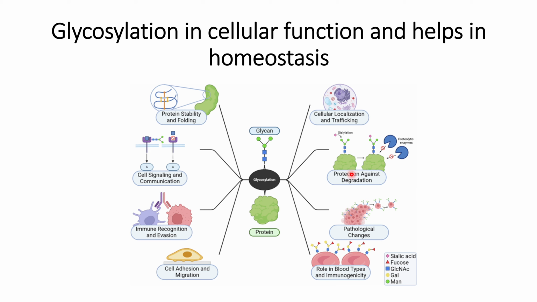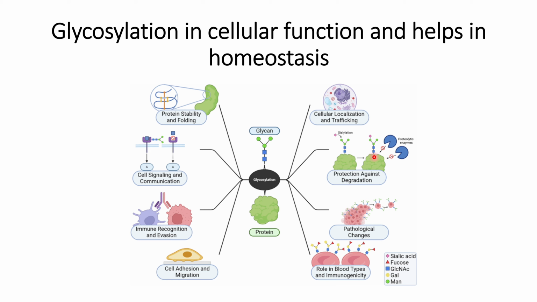One of the positive sides is that it protects against degradation. If the glycosylation occurs in a normal manner, it will prevent the proteolytic enzymes from coming and degrading the proteins.